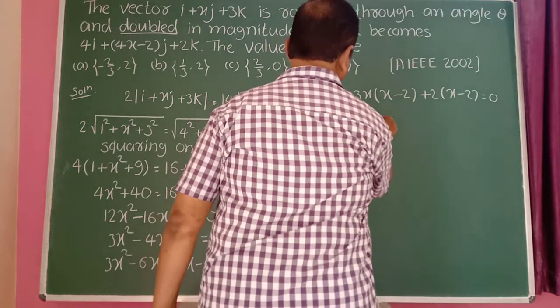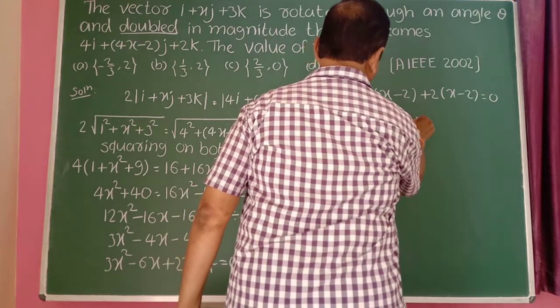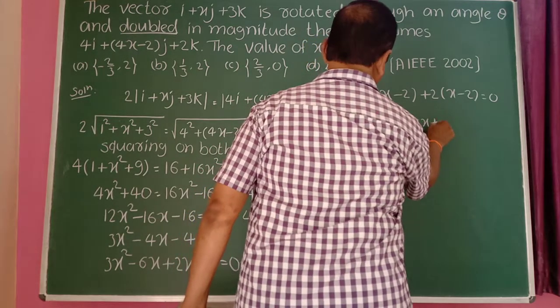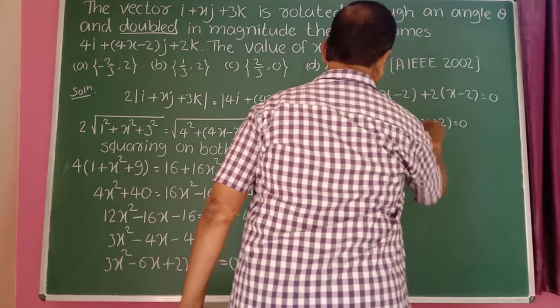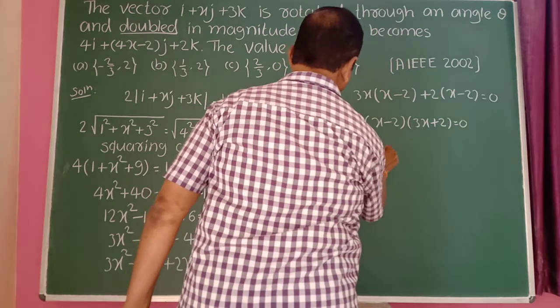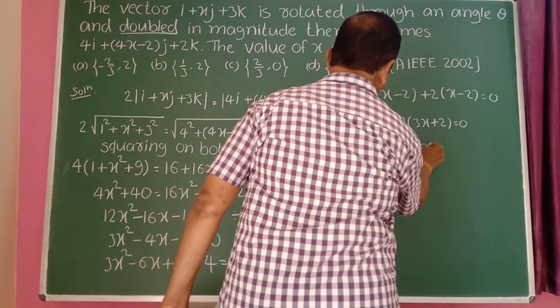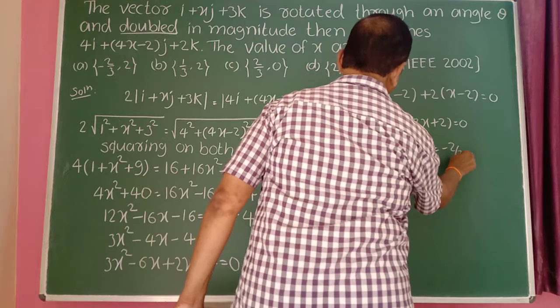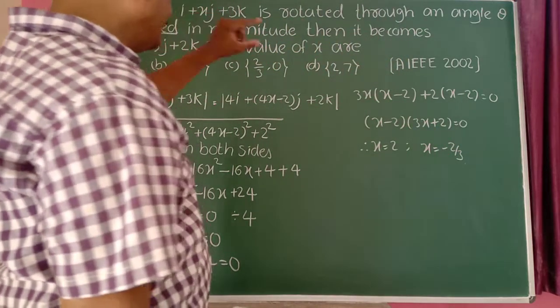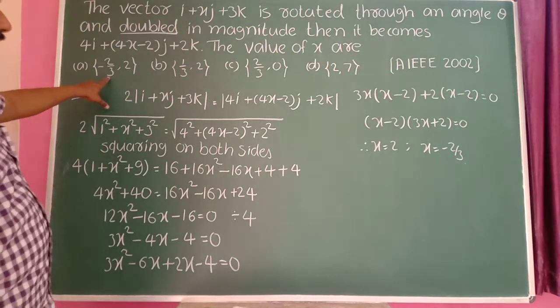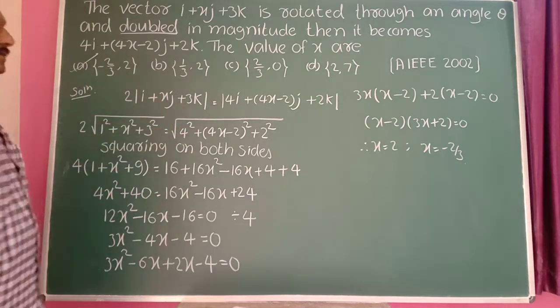Therefore (x minus 2)(3x plus 2) is equal to 0. Therefore x is equal to 2 and x is equal to minus 2 divided by 3. Therefore the values of x are minus 2 by 3 and 2. So first option is correct.